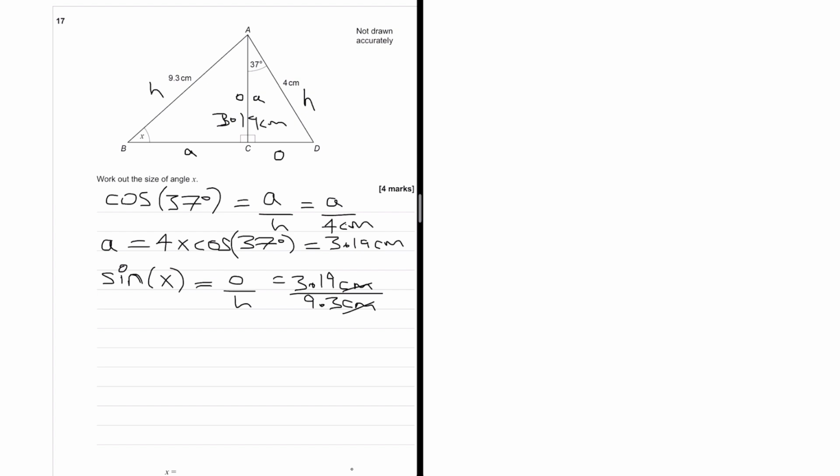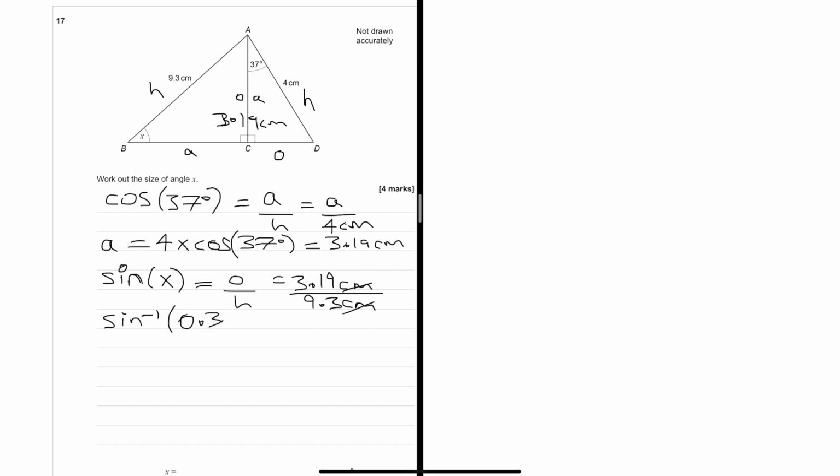So the way we go about working this out is we have to take the sine to the -1 of both sides. So sine to the -1 of 3.19 over 9.3, sorry, I should say, is 0.34.